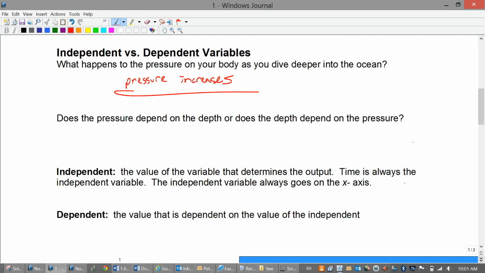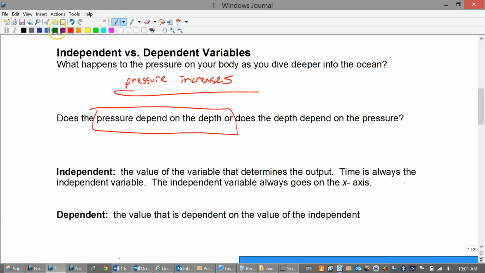Does the pressure depend on the depth, or does the depth depend on the pressure? Do you increase in pressure as you go down, or do you go down as you increase in pressure? Which one happens first? Pressure depends on the depth.